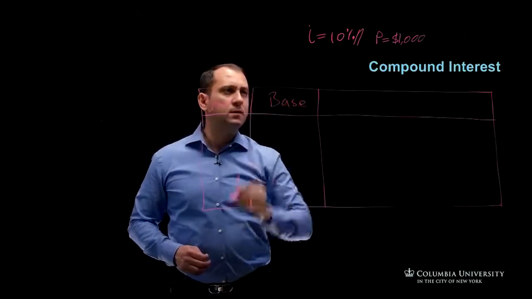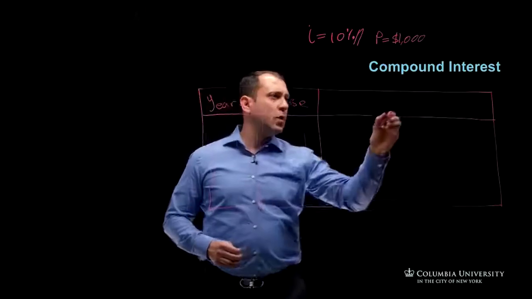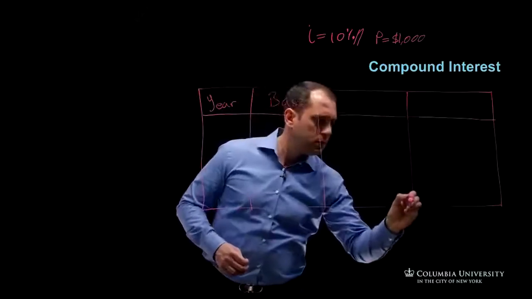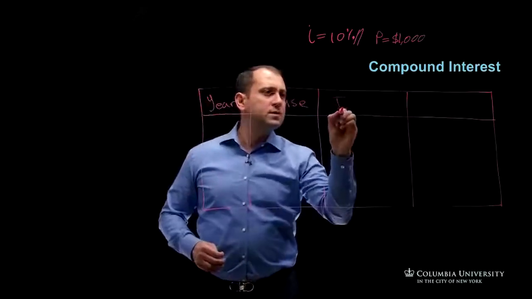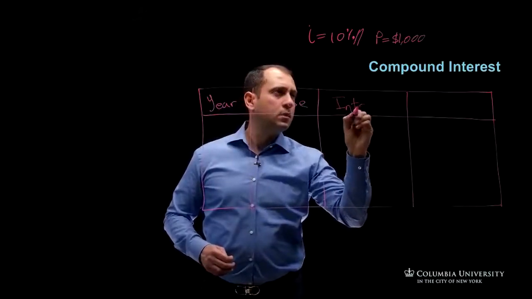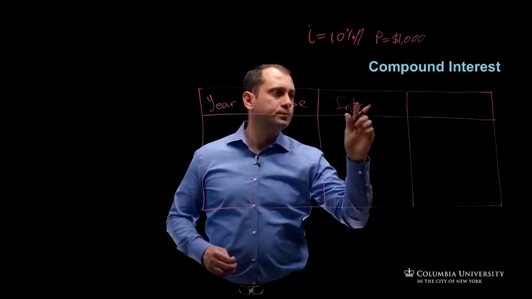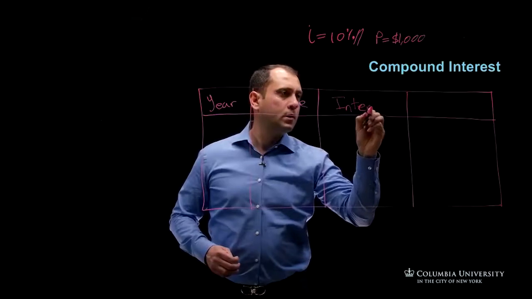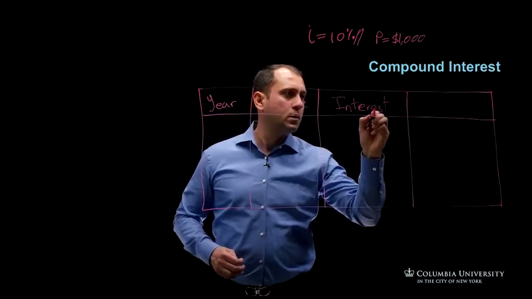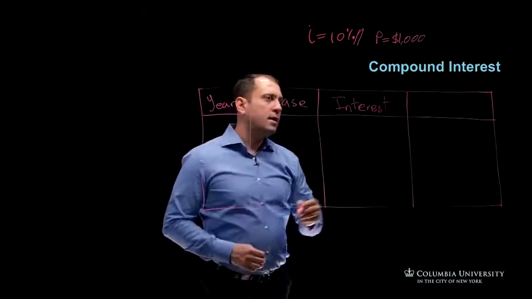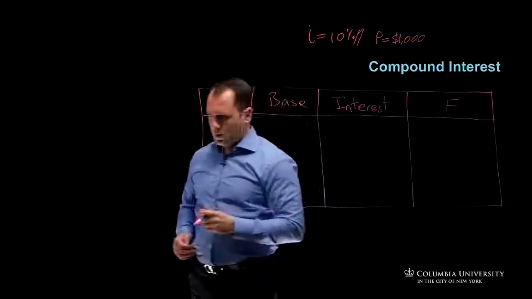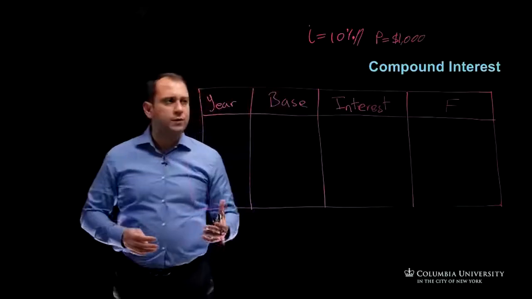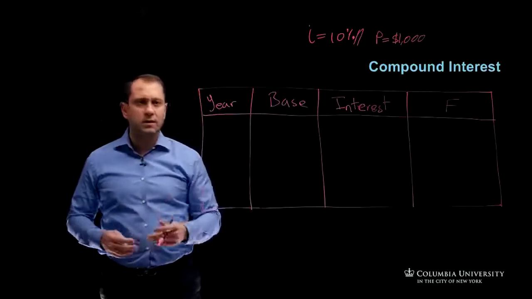The third one is where we calculate the interest. And at the end, we have the future value, or the total amount owed towards the end of every year.